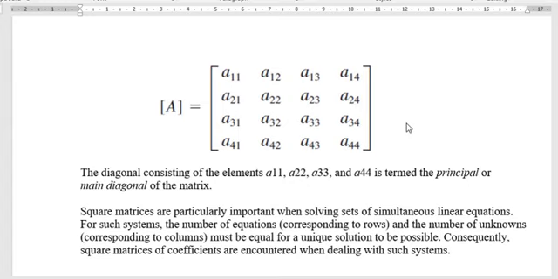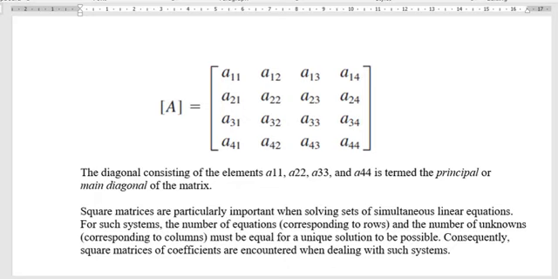The diagonal consisting of the elements A11, A22, A33, and A44 is termed the principal or main diagonal of the matrix. Square matrices are particularly important when solving sets of simultaneous linear equations.